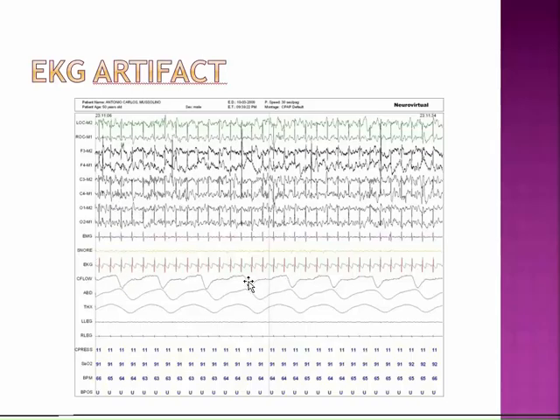That's how we know that these spikes are not actually coming from the patient's brainwave activity. It's not that they're potentially having a seizure causing these very abnormal, very sharp looking spikes, but rather it lines up with their EKG. That's just contamination from their EKG, from their heart.